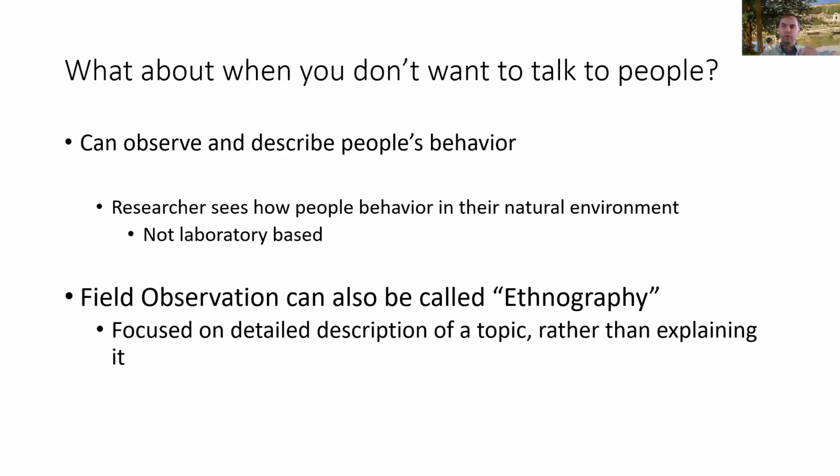Okay. And when we're looking at observations, it is very important to collect a very detailed description of a topic rather than try to explain what's going on. The reason for that is, as a researcher, you don't want to impart any kind of bias into what you're describing.